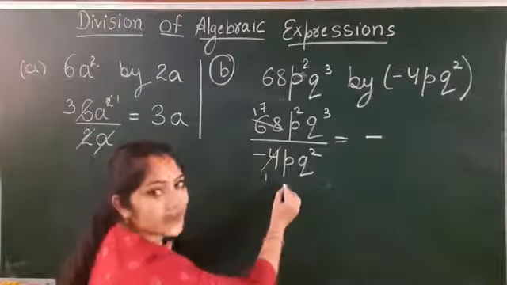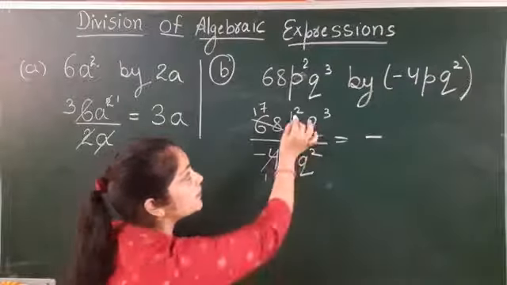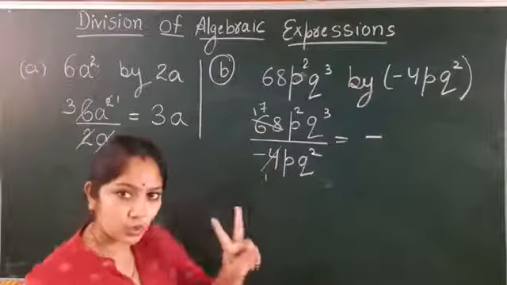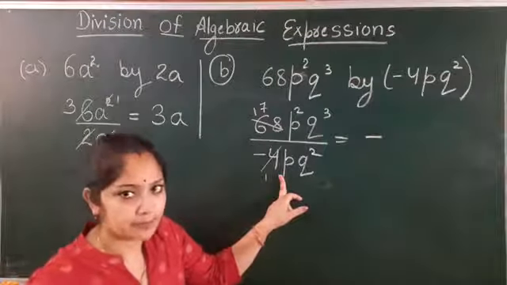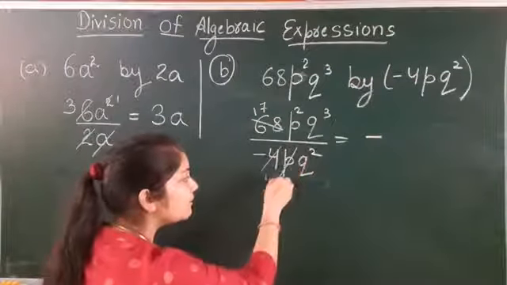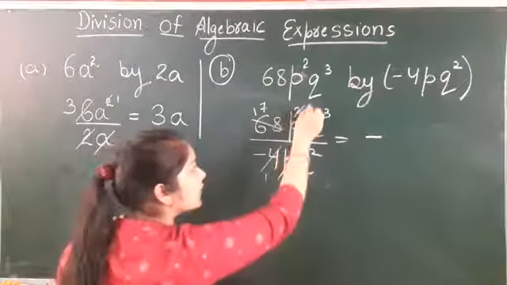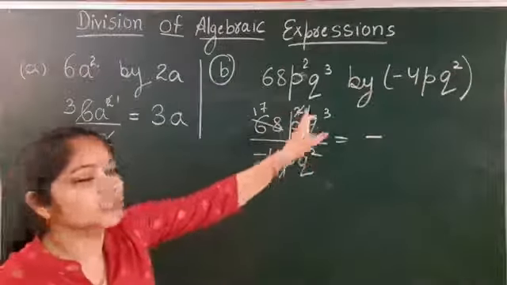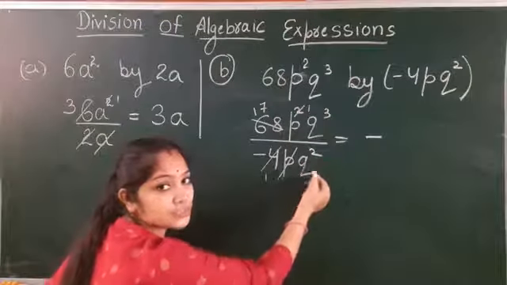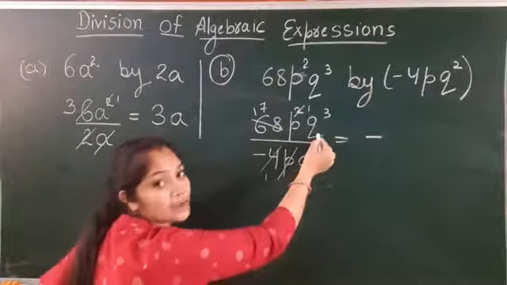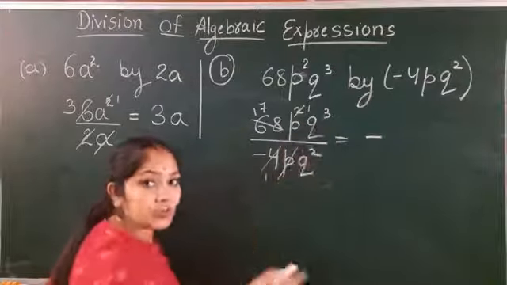Now let us look at the variables. Here we have p square, 2 times p. In the denominator we have only one time p. So one p will cancel out with one p and you will be left with p raised to power 1. And here you have q square means 2 times q and here you have q cube means 3 times q.